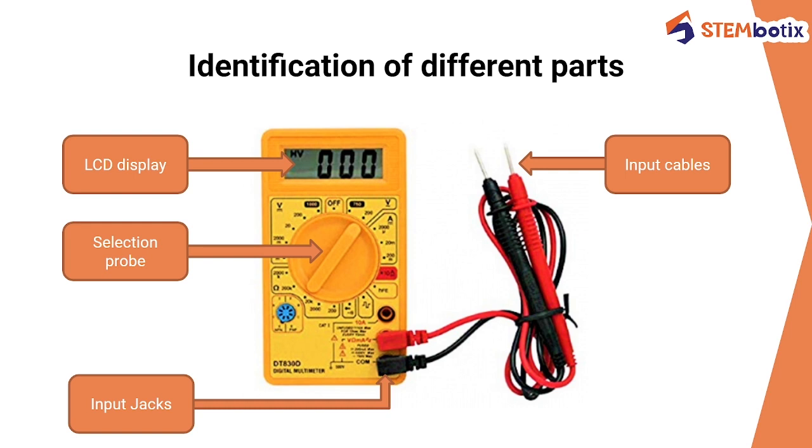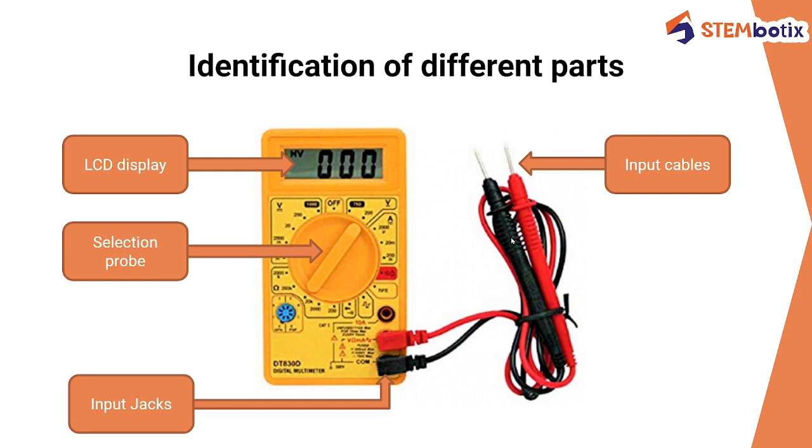Now, this is how your digital multimeter looks like. As you can see in the image, we will identify the different parts. Here, these are input cables. When you purchase a digital multimeter, you will have these two cables, and these two cables are nothing but input cables.